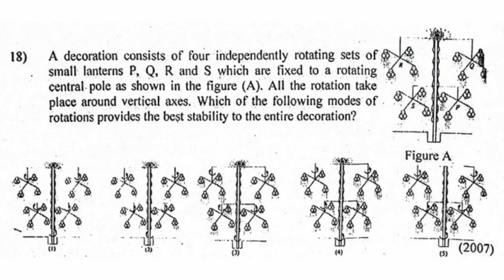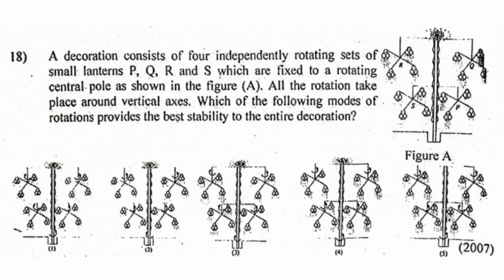Then question number 18. A decoration consists of 4 independently rotating sets of small lanterns P, Q, R, S, which are fixed to a rotating central pole as shown in figure A. All rotation takes place around a vertical axis.